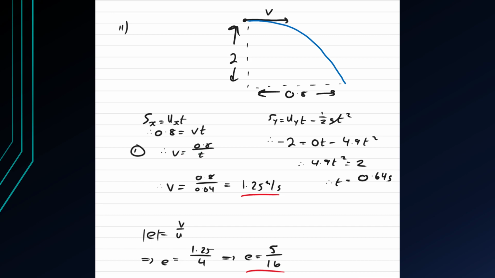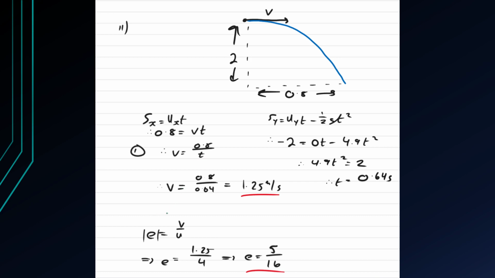So we already know the time taken to fall, and in this case is going to be 0.64 seconds, because the time of flight is different from the time of falling, because it's going to be falling at a different rate than the one with a distance of 2x away from the wall. So its time of flight is 0.64 seconds. So the velocity is 1.25.